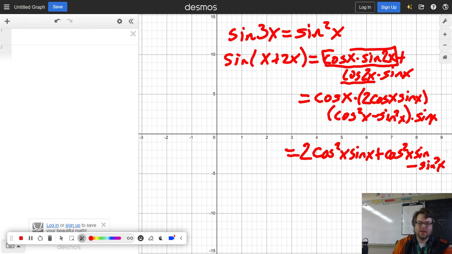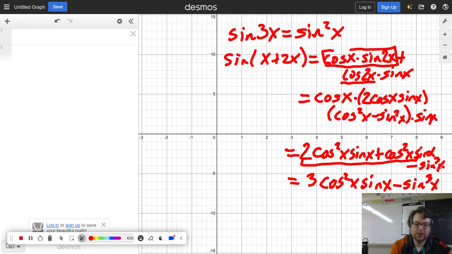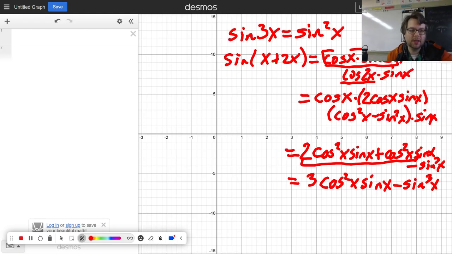Okay. Now, when I look at this here, I notice that these first two terms are actually like terms. So I can rewrite this as 3 cosine squared x sine x minus sine cubed x. I'm going to do a little bit more because cosine squared, everything else in this problem is about sine, and I know sine squared plus cosine squared is 1.